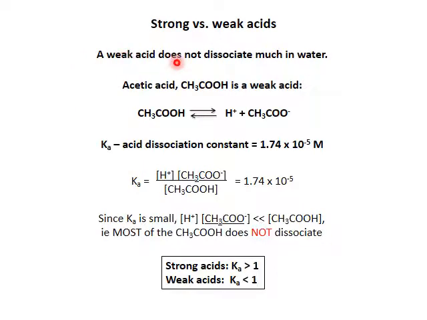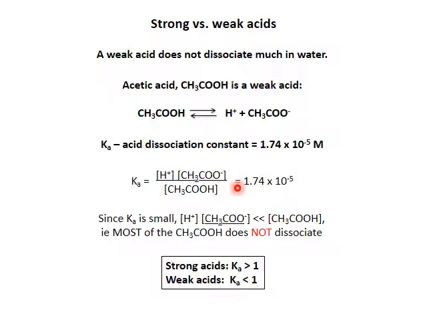Weak acids do not dissociate very much in water. So let's look at an example of acetic acid. Acetic acid is a weak acid, and it dissociates to form the hydronium ion, or the proton in this case, and the conjugate base, the acetate ion. When we look up the value for the Ka, the acid dissociation constant, concentration of products over reactants, in the table, we find that it's 1.74 times 10 to the minus 5 molar.